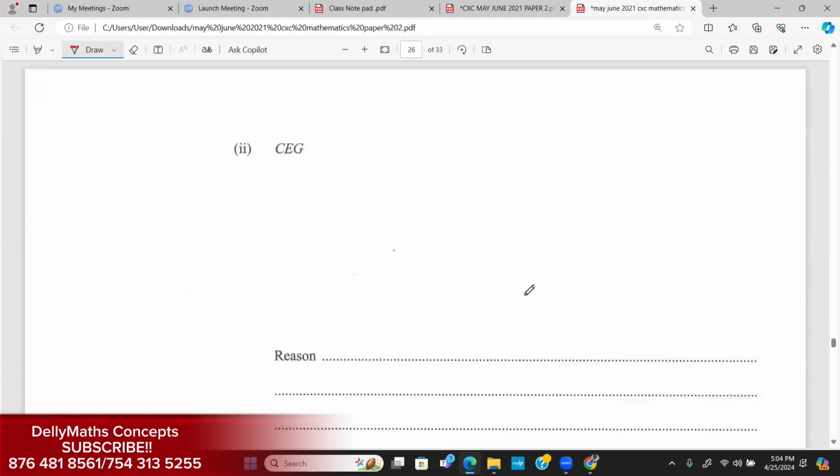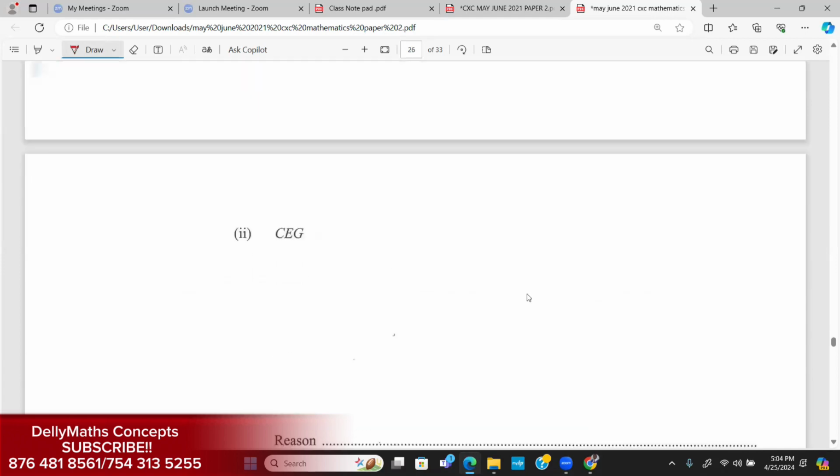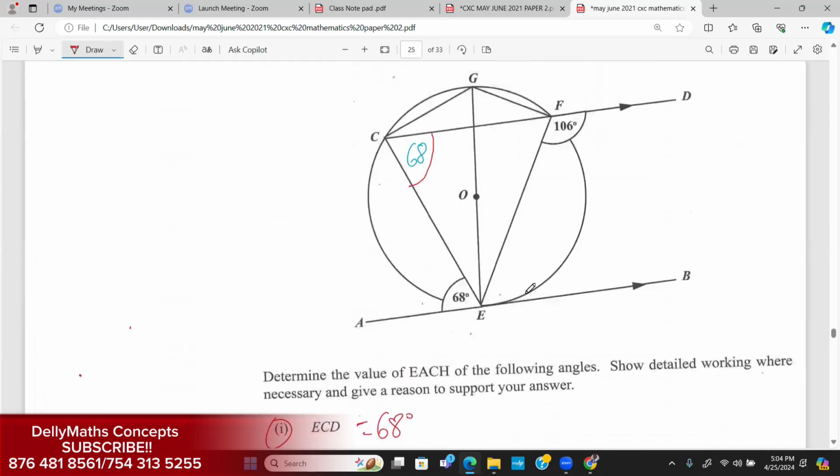The other question says, we want to find angle CEG. So again, from C to E to G. So we are looking for this. Following those three letters, our angle is going to be at E. Remember, though, that when a diameter or radius hits a tangent, we're going to get 90 degrees.